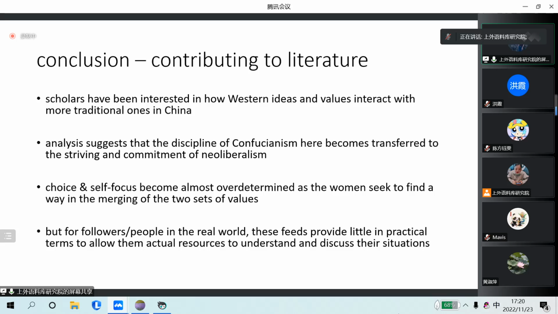But actually it provides very little practical help for me or for other women. The feed provides little in practical terms, few actual resources to understand and discuss this situation, because it's being sidelined, it's being deleted.